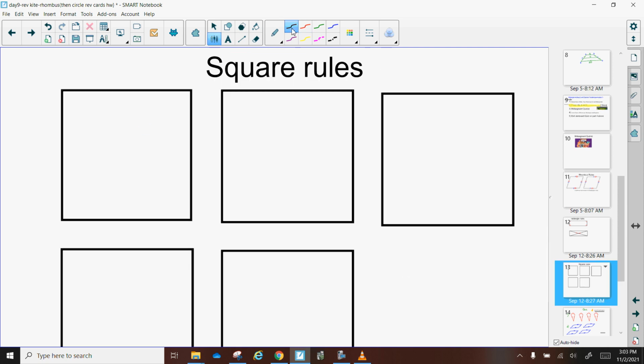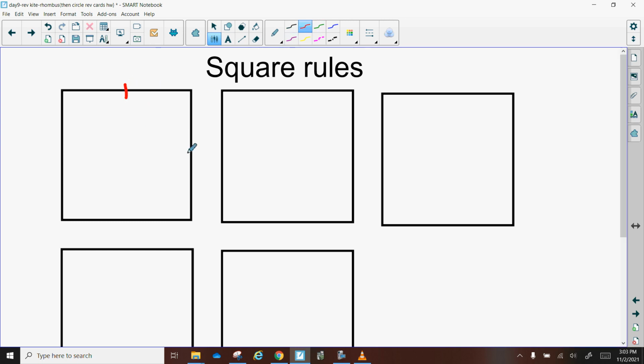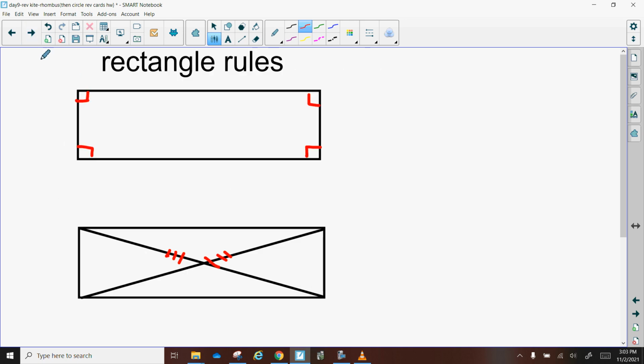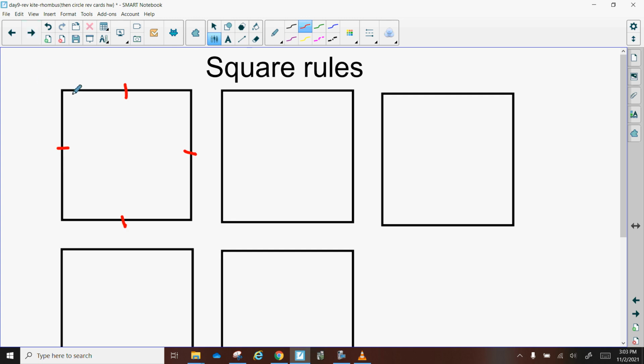Now a square is a rhombus, so we automatically say that a square has all sides equal because it is a rhombus. But a square is a little bit more special than this rhombus. A rhombus doesn't have to have 90-degree angles, well, a square is going to have 90-degree angles. So a square is going to have all equal sides and 90-degree angles.